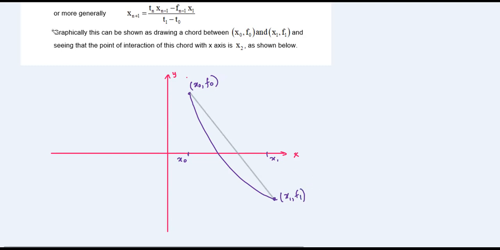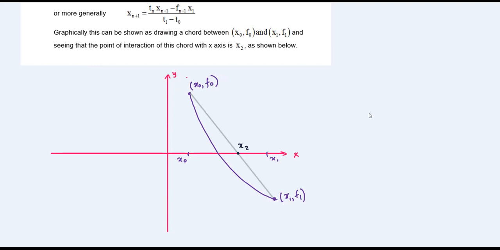Okay. Now, how to come close to this root? To come close to it, we choose the second iterative point, x2, as the point where y becomes 0 on this straight line.